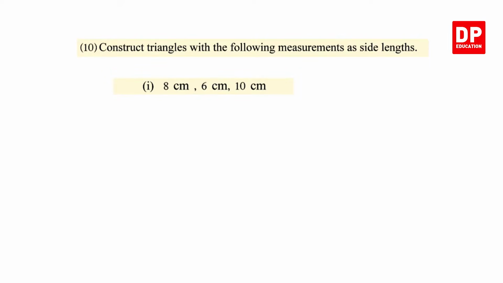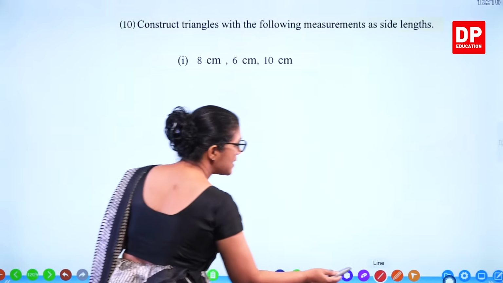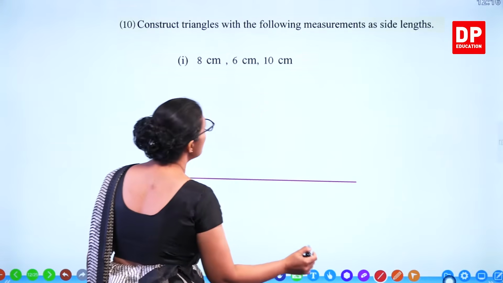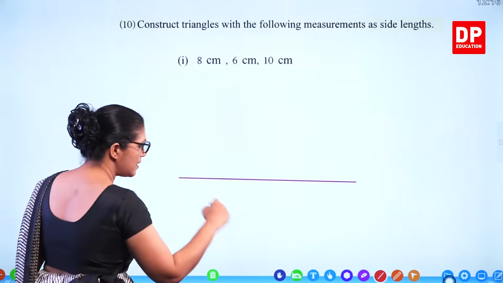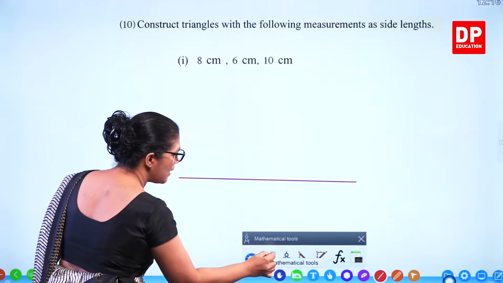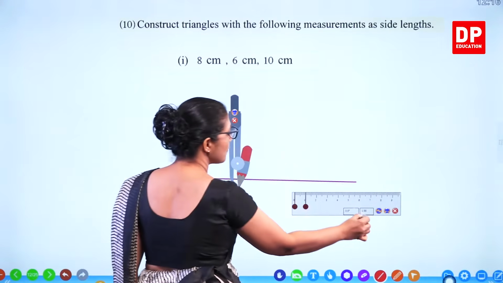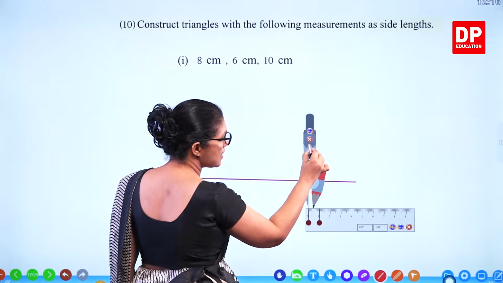Construct triangles with the following measurements as side lengths: 8, 6, 10. So what we do? First we draw a line segment. Then you can measure 8 centimeters or 10 centimeters. We'll take the ruler and the compass. So we have to measure 10 centimeters.